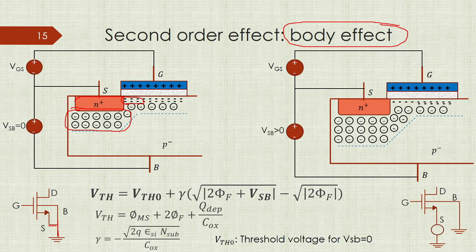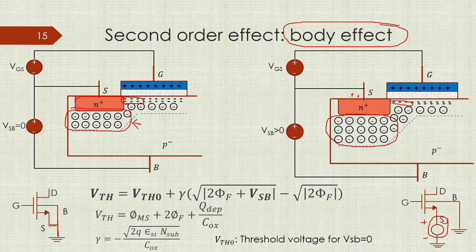But if we now increase the voltage in the source with respect to the bulk, we increase the reverse bias with respect to the bulk, so our depletion region is now greater than in the previous version, and this will reduce the amount of free electrons that we have close to the source.